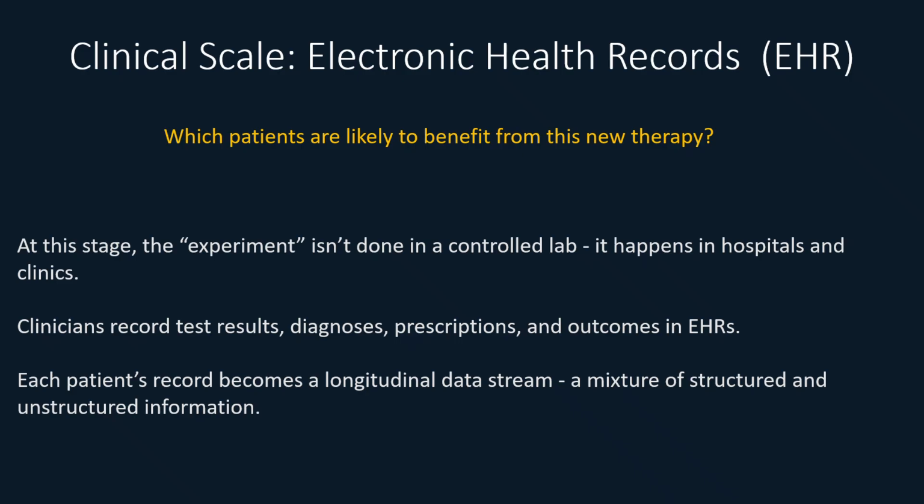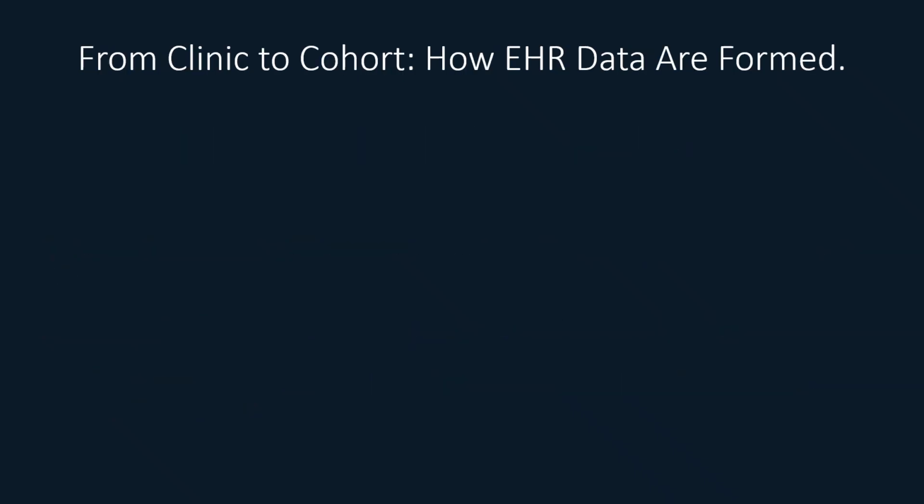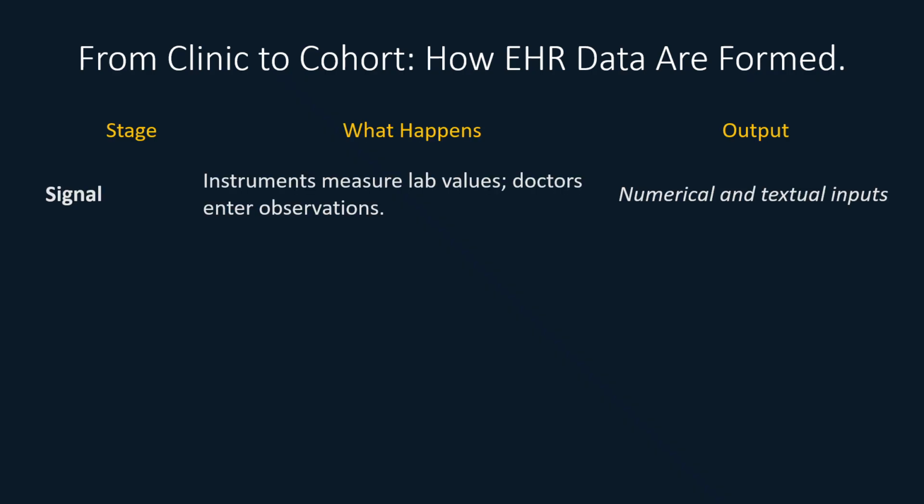So let's see how EHR data are formed. Here, from the signal to raw EHR. EHR data begins as a mix of structured measurements like, I don't know, glucose levels or white blood cell counts, and unstructured clinical notes, clinician notes.